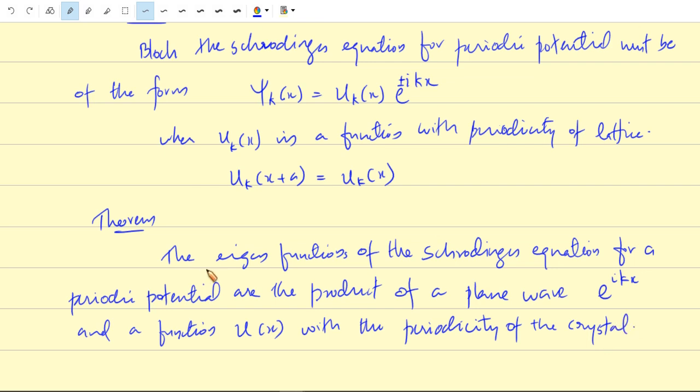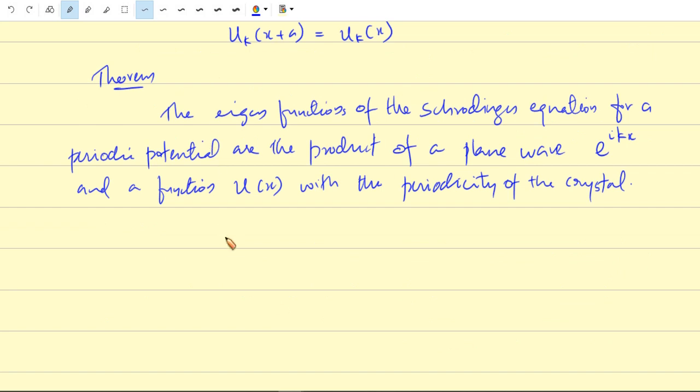Bloch theorem states that the eigenfunctions of the Schrodinger equation for a periodic potential are the product of a plane wave e raised to ikx and a function u of x with the periodicity of the crystal. This function, psi of x is equal to uk of x e raised to ikx. Functions of this type are called Bloch functions.